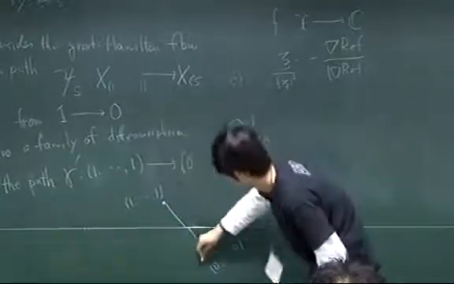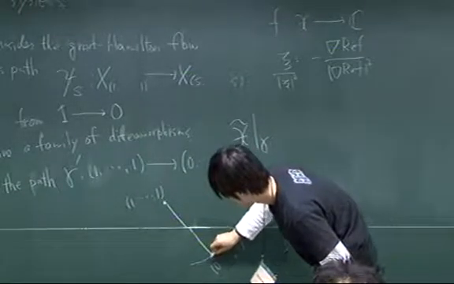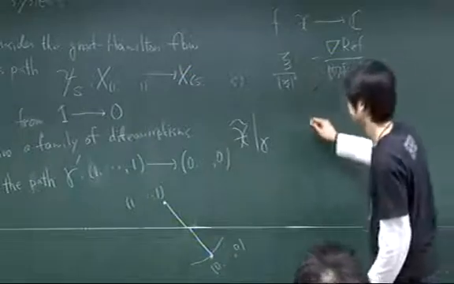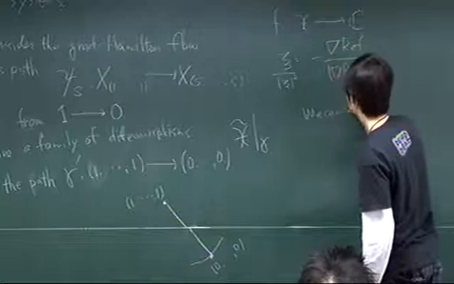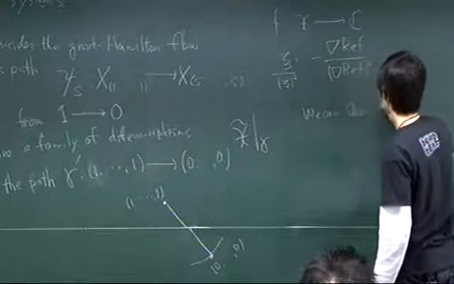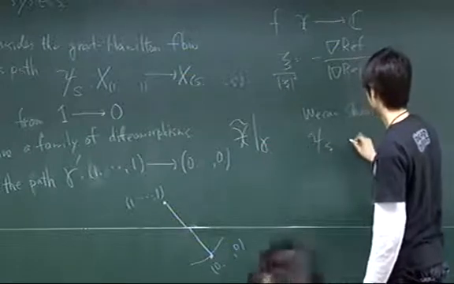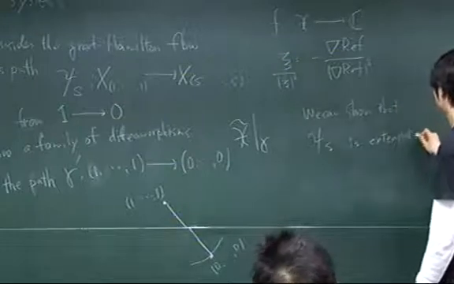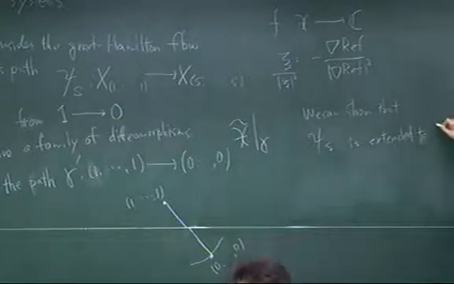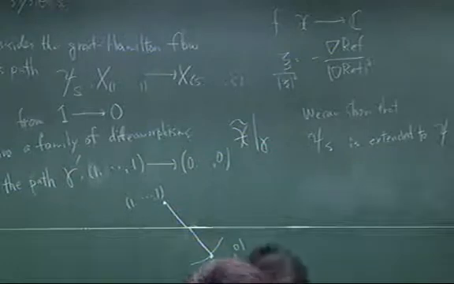This family is a diffeomorphism over this, not containing this, but we can show that psi extends to a map phi from 1 1 1 to 0 0 0.